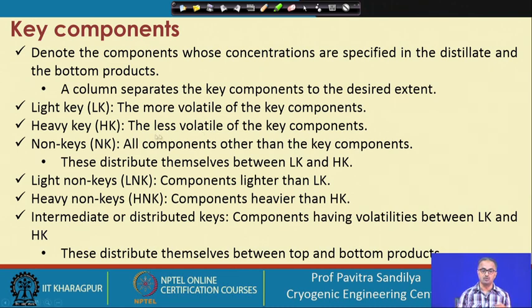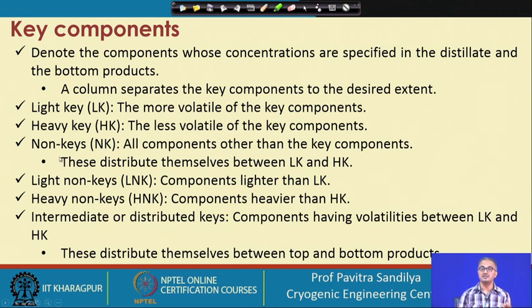In these key components, we have the light key, abbreviated LK, which is the more volatile of the key components. So we have two components: whichever is more volatile is the light key, and the other one is the heavy key, denoted by HK, which is the heavier component.